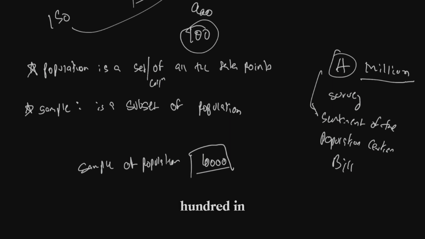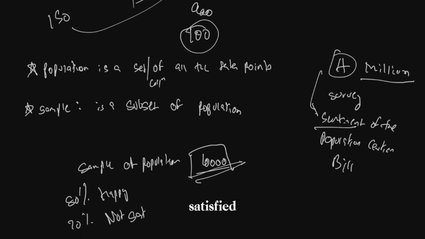In these 10,000 people, you can conduct the sentiment analysis of the bill that is going to pass, and from that sample of 10,000 people, let's say 80% are happy with the bill and 20% are not satisfied.